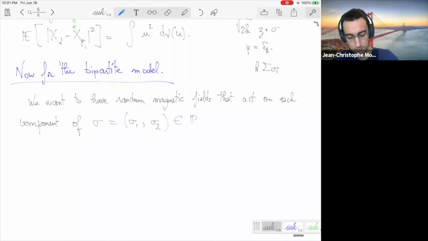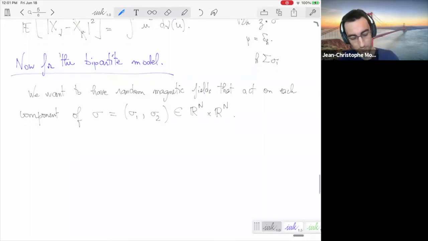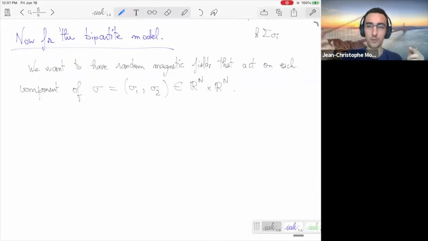For convenience, we have said each is a vector in R^n. If you want to make one a bit longer than the other, maybe 2n and 3n, that's also fine. Therefore, in this case, I'm just going to add some indices 1 and 2 everywhere, in the Z Gaussians that we insert and in the measures, and then we're going to define the free energy and see what happens.